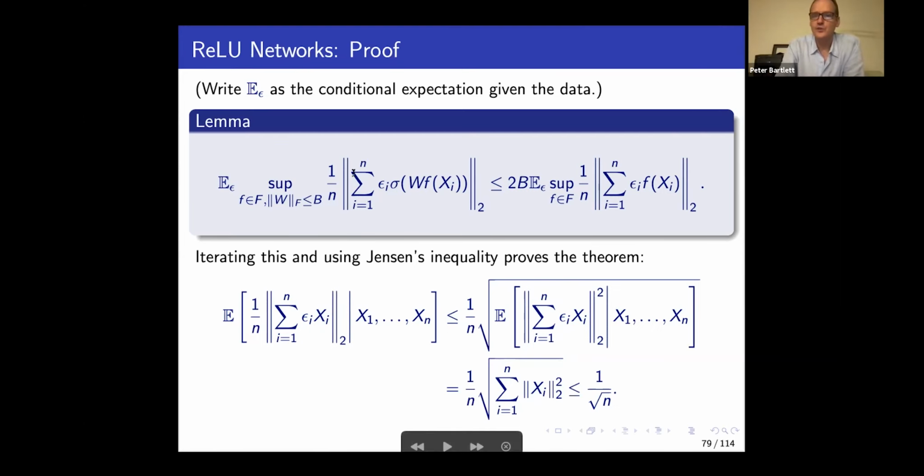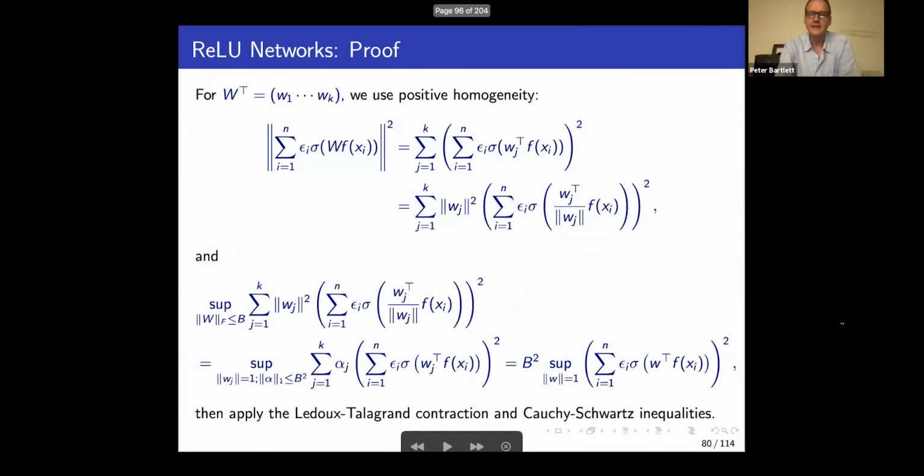So this is the crucial step, and why is it true? It exploits that positive homogeneity property in a really elegant way. If we think about our W as having k different rows at each layer, where k is arbitrary, just whatever the dimension is at that layer, since we constrained only the Frobenius norm, then capital W has a bunch of row vectors, W1 through WK, and we're using those to compute the corresponding component of the output of this layer.